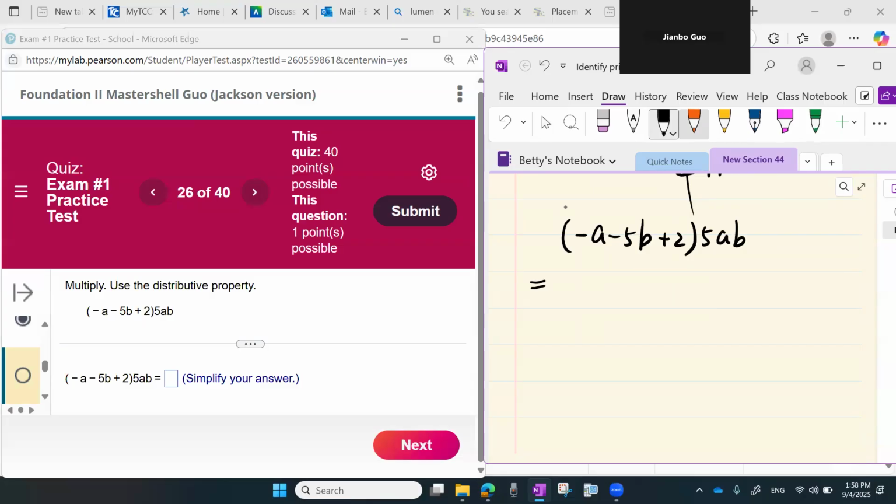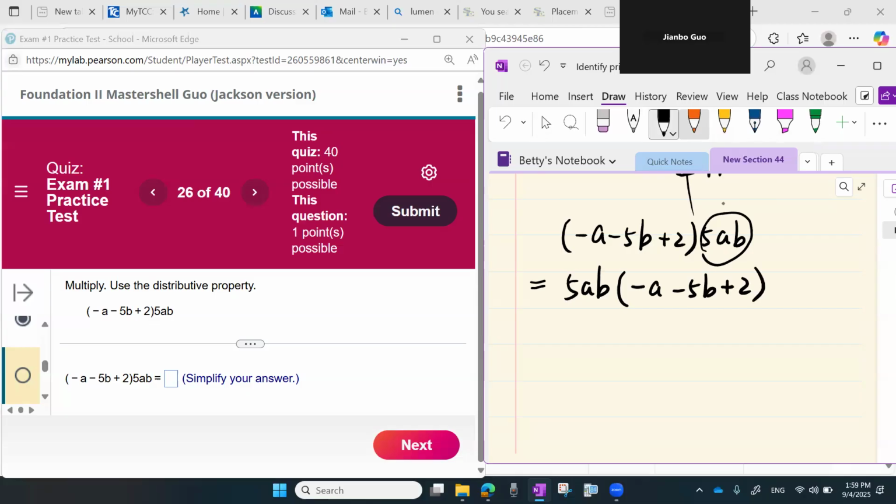We want to apply the distributive property to remove the parentheses. It's important to know what the coefficient is. The coefficient is what you are going to distribute to each term in the parentheses. In this case, the coefficient is to the right of the parentheses. It is 5ab. If you want to, you can write it in front of the parentheses. The same thing because of the commutative property.